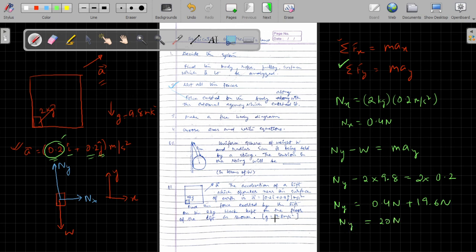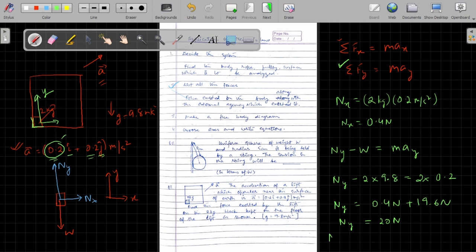So the force exerted by the lift on the 2 kg block would be in such a way that it would push the block in x direction and also hold its weight and provide some acceleration in y direction also. That's why both the sides of the block, that is the bottom side and the left side, are experiencing some normal forces, because of which they are able to get some acceleration.